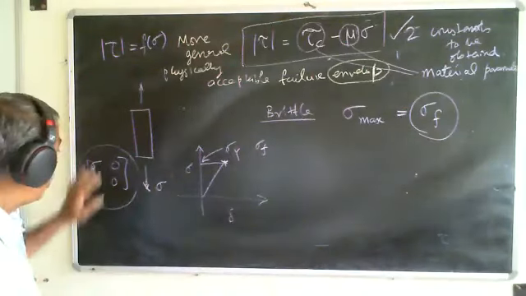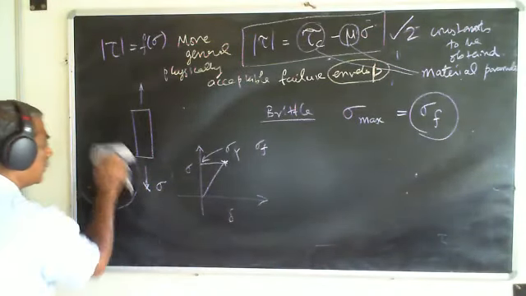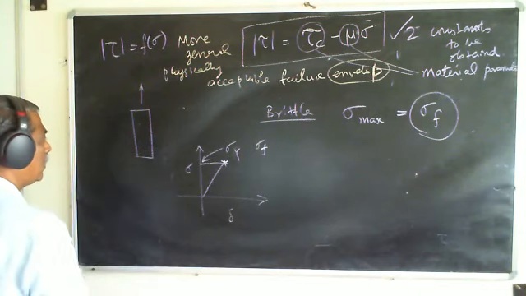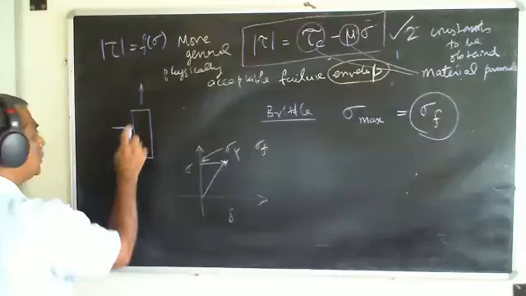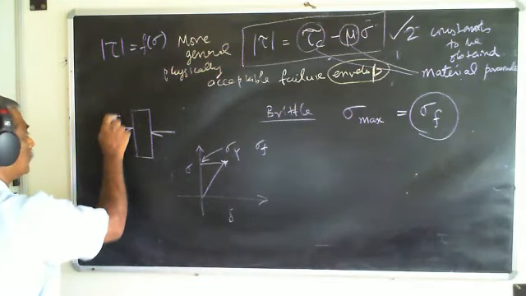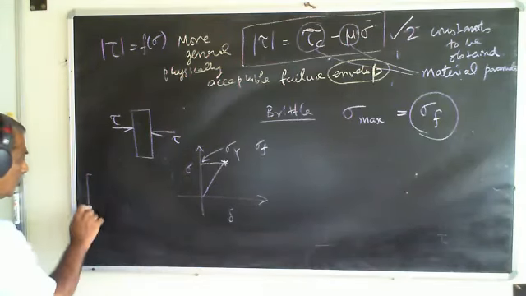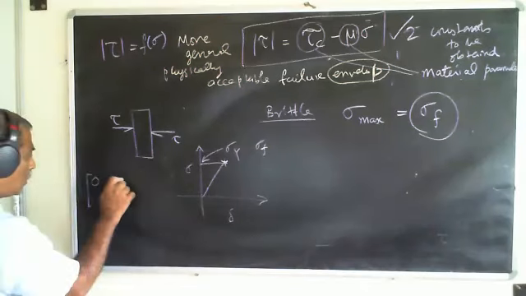On the other hand, let's say I'm not applying this. I'm applying a shear like this. Let us say a shear like this. Then what would happen? This would be 0, tau, 0 as the stress state.